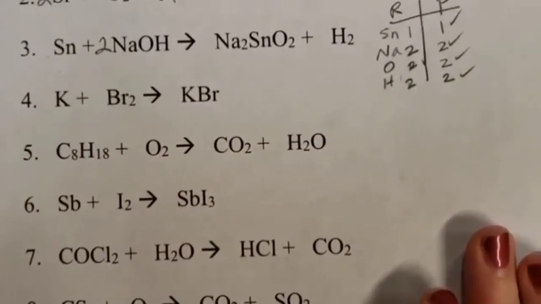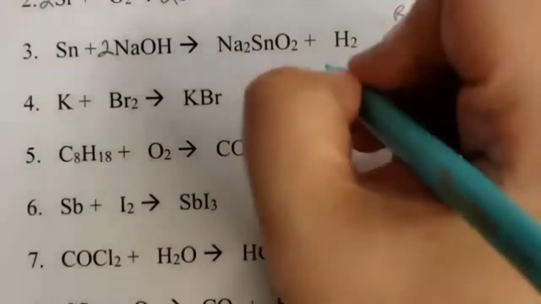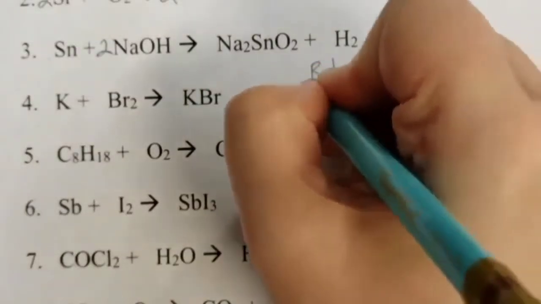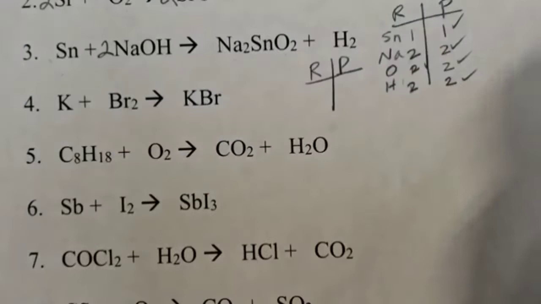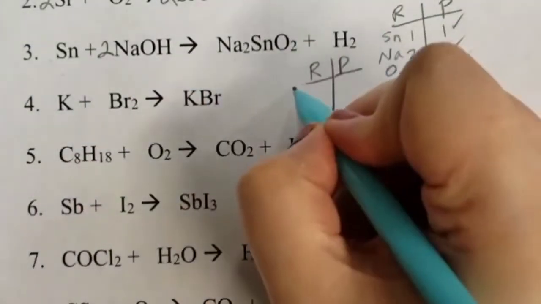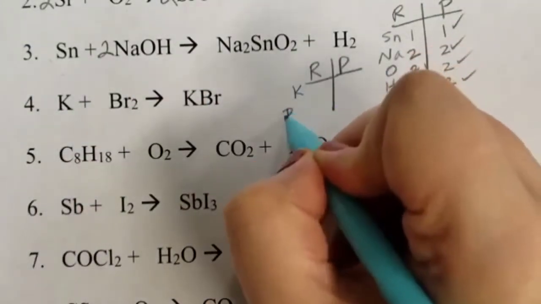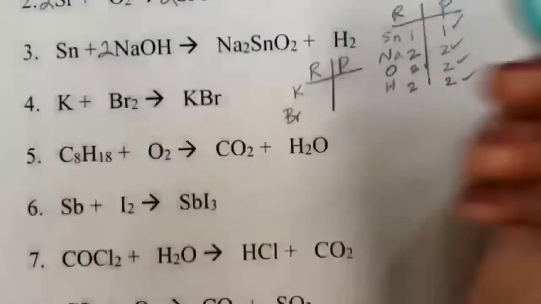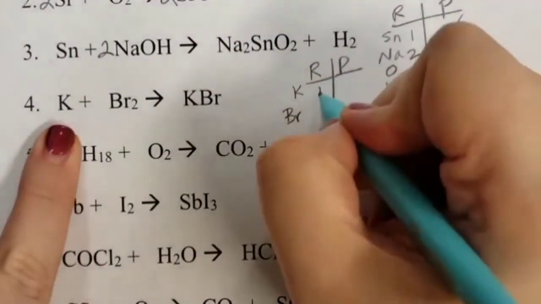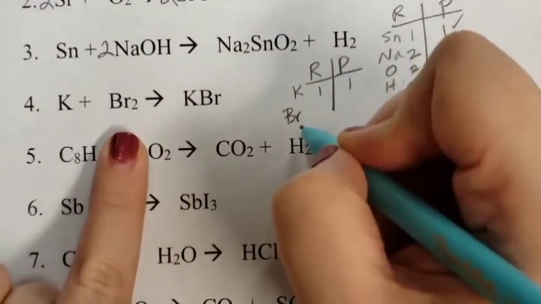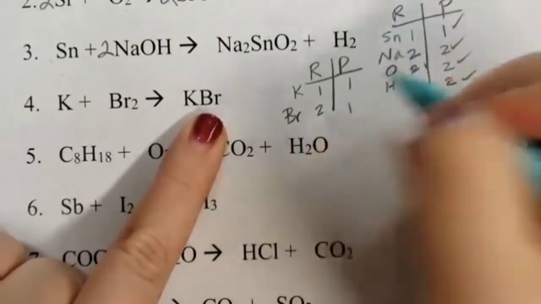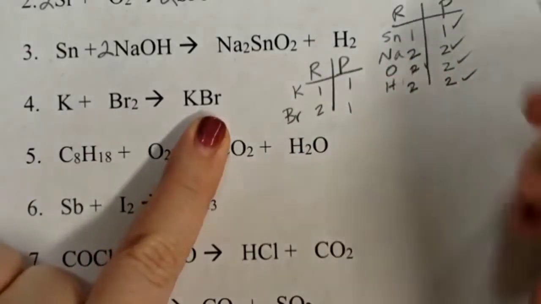Let's go to the next one. Number 4. We have our chart, reactants and products. We're going to list our elements, K and Br. Potassium on this side we have 1, on this side we have 1. Bromine on this side we have 2, on this side we have 1. Not even.